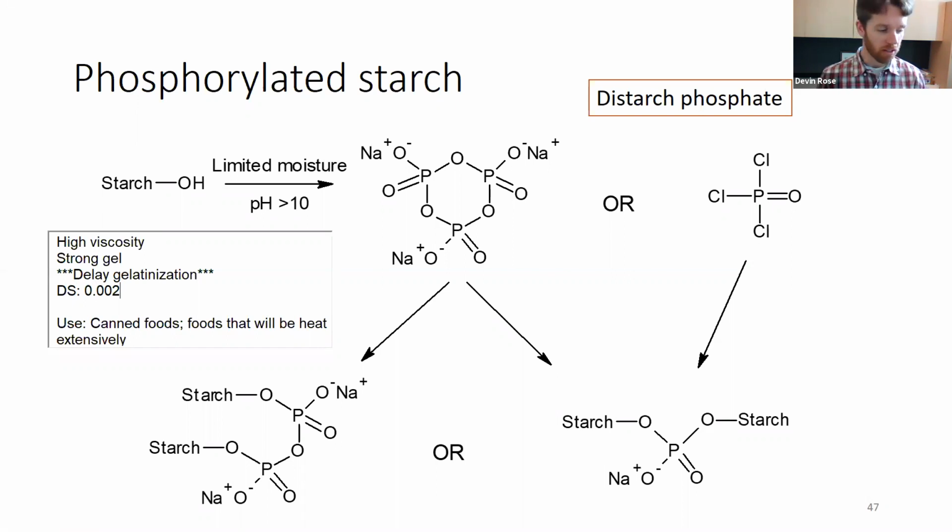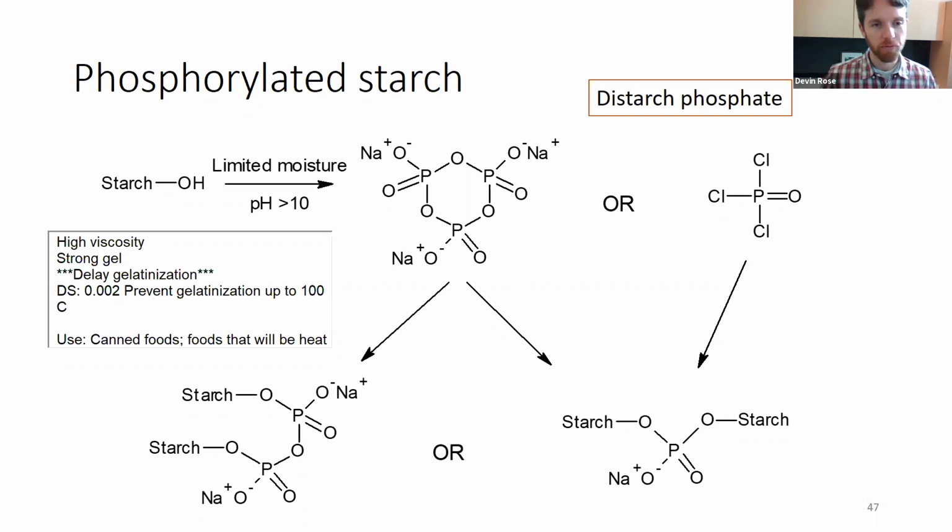So not very many. But that low degree of substitution will prevent gelatinization up to 100 degrees.